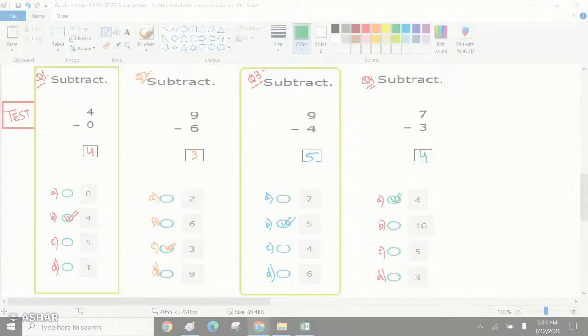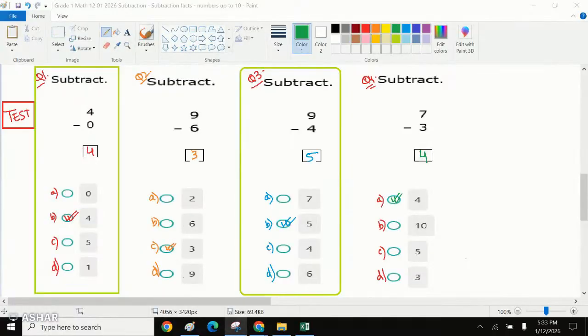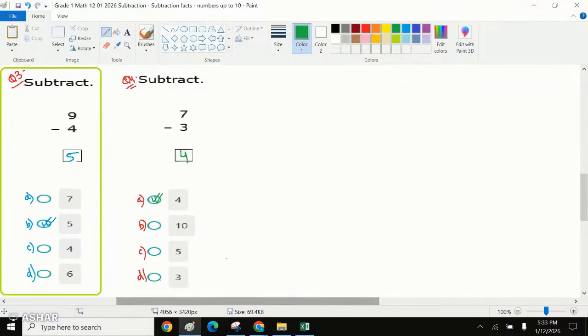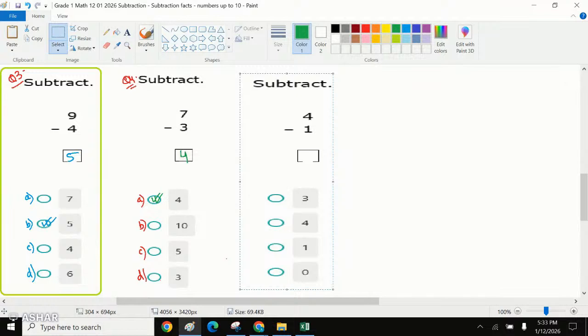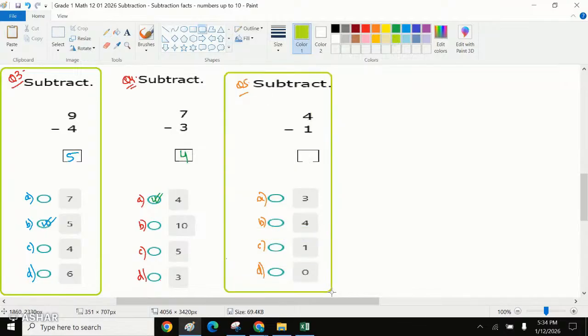Moving to the next question. The next question we have says subtract 4 minus 1. This is question number 5. These are the options A, B, C, and D. So what should be 4 minus 1?